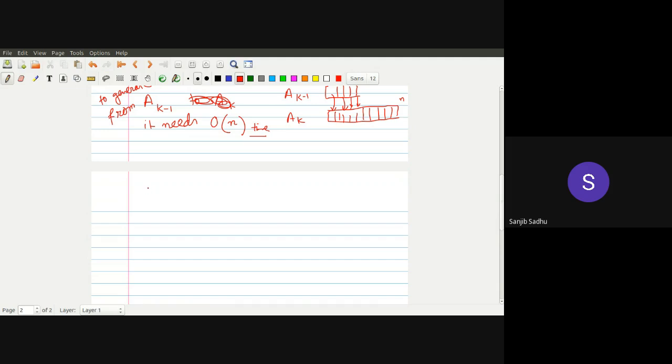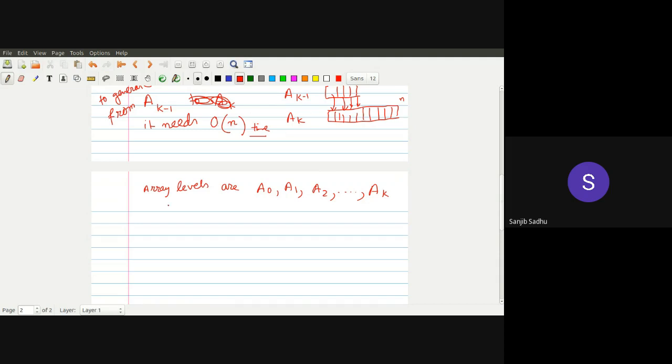The array labels are a0, a1, a2, dot up to ak. So what you are doing, you are copying the array from the previous label to the new label and storing. Now in one level from ak minus 1 to ak, it needs linear time.